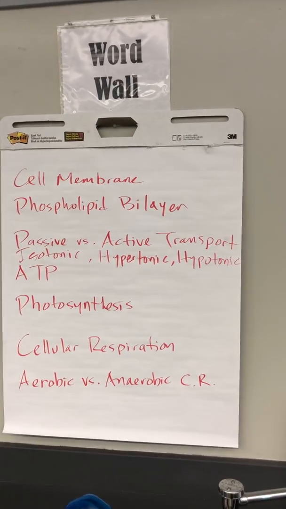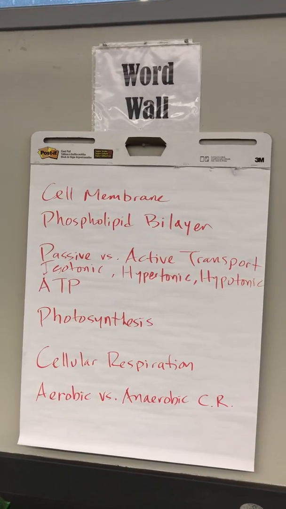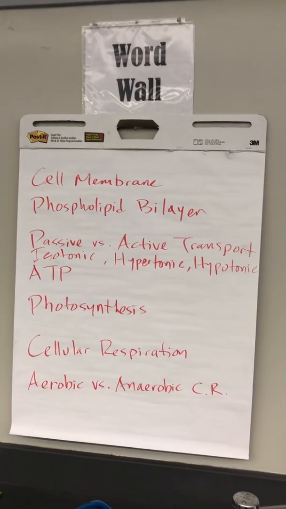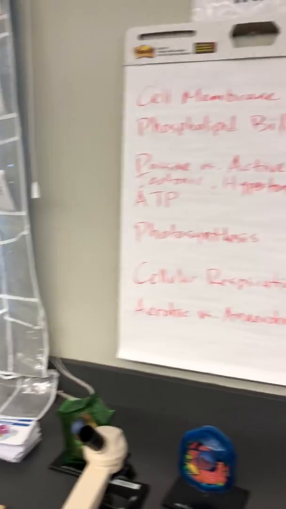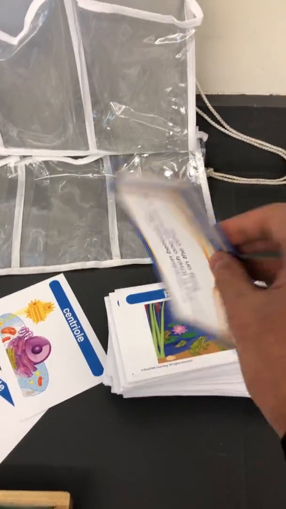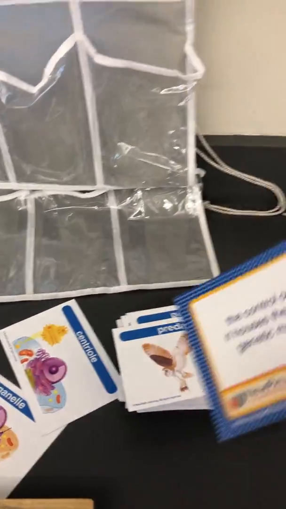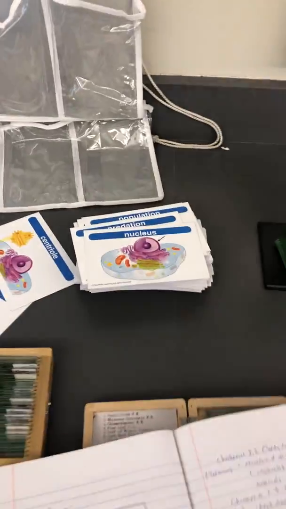So let me walk over here so you can see that. Here is our word wall that we're wrapping up. We're getting through cell organelles, and we're focusing on the membrane and the processes of photosynthesis and cellular respiration and whatnot. I like to give them these flashcard terms because they are interactive for students like Jefferson, who says he likes to pick things up and learn from it.